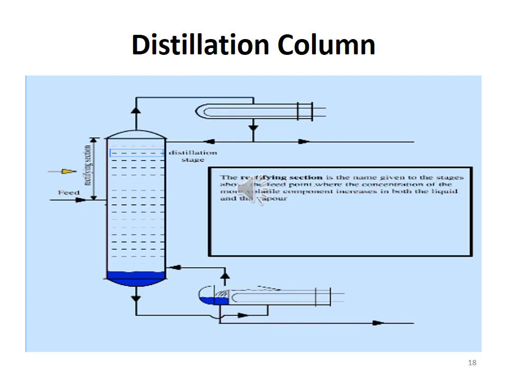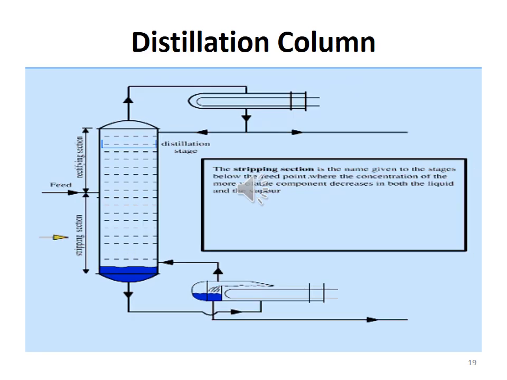The compounds with a lower volatility will go to the bottom of the column. However, the more volatile compounds will go up in the top section of the distillation column, which is known as the rectifying section. So the rectifying section is a portion where the concentration of the more volatile component increases in both the liquid and the vapor.